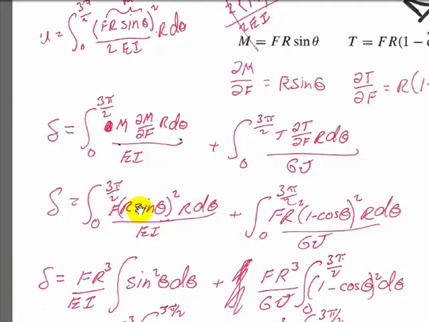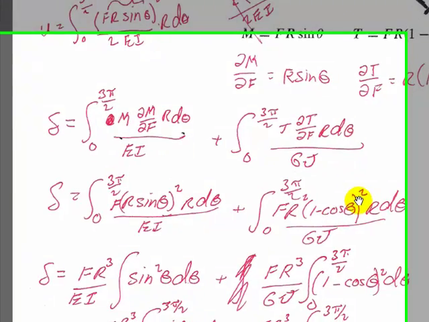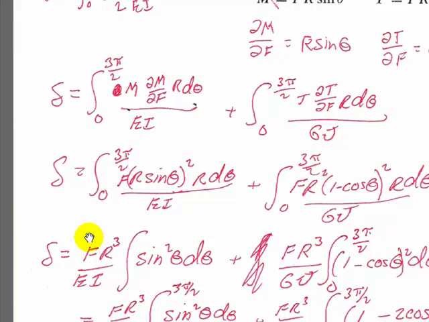Actually writing in the algebraic forms of those things, realizing that we're going to have an r sine of theta twice in here, so it'll be squared, same with the 1 minus cosine theta. Plugging in those terms, pulling out the constants, Fr cubed over EI is a constant in this term, Fr cubed over GJ is a constant in this term.